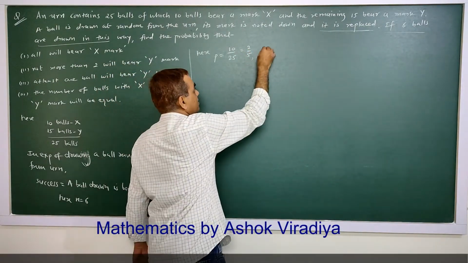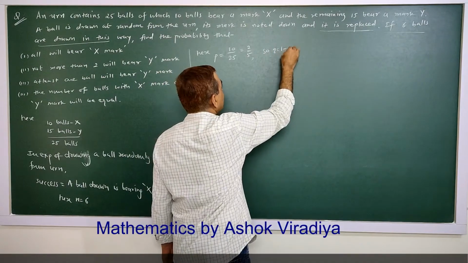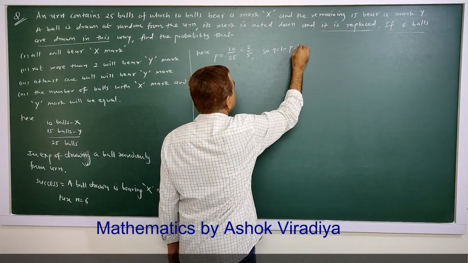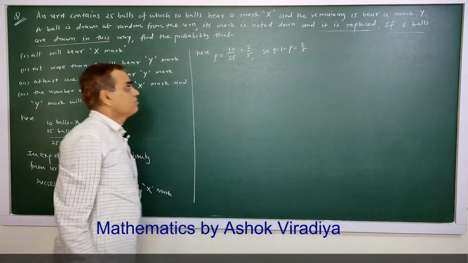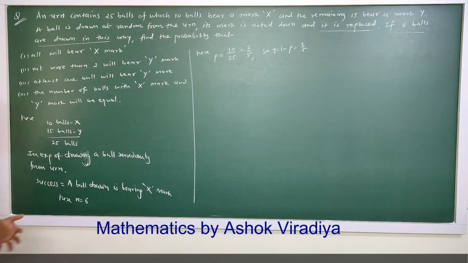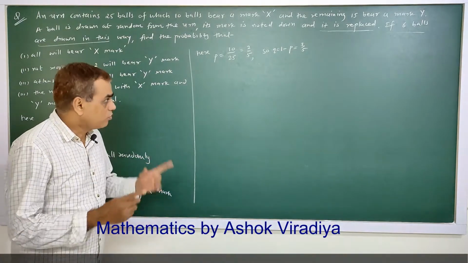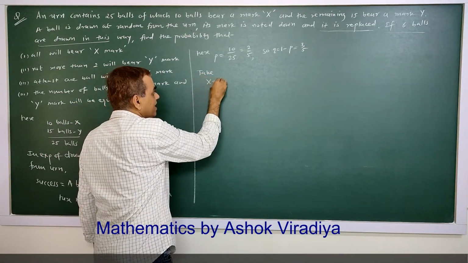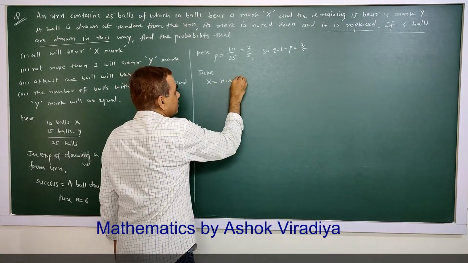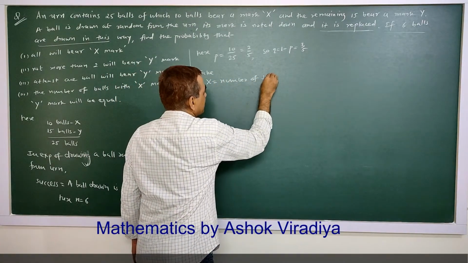So Q is 1 minus P, that is 1 minus 2 by 5, that is 3 by 5. So we have N, P and Q. Now we take random variable X as number of successes.